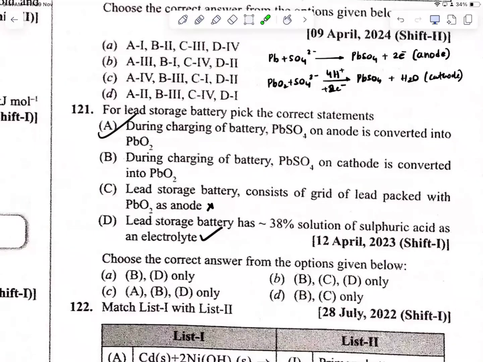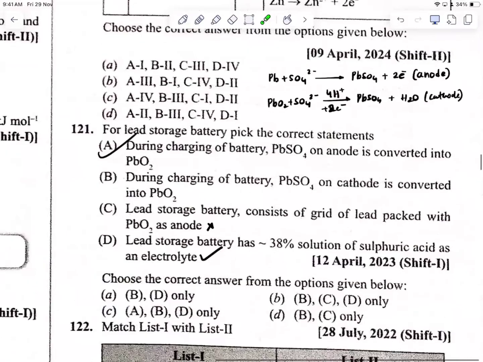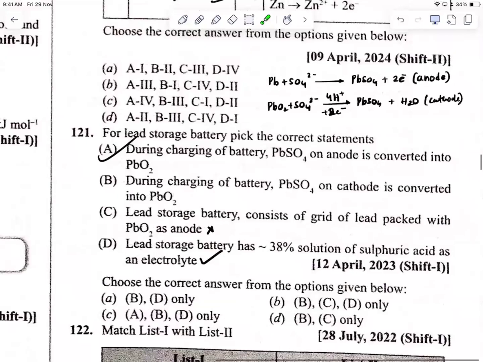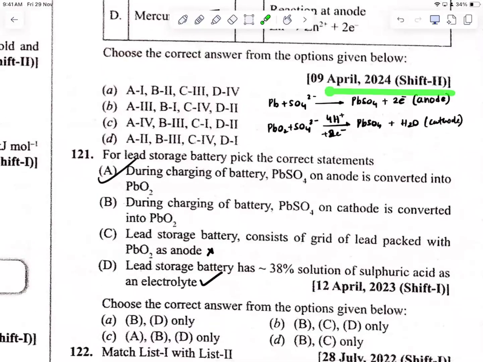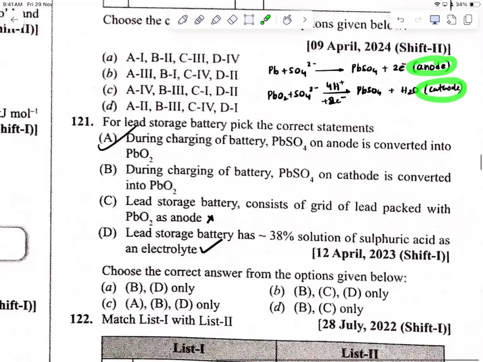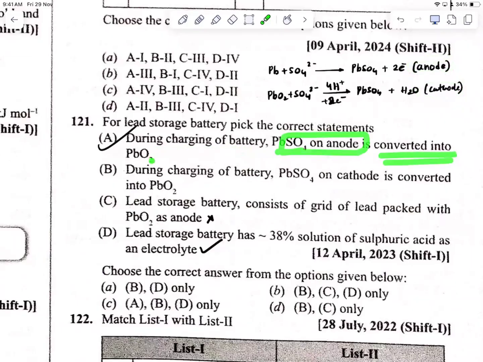I think he's still taking the anode as the original one, because that is the only match I can see. Listen, whatever was originally anode and cathode, he's referring to that. So the PbSO4 which is converting into PbO2 was originally at the cathode, not at the anode.